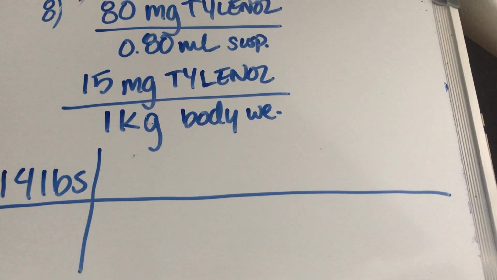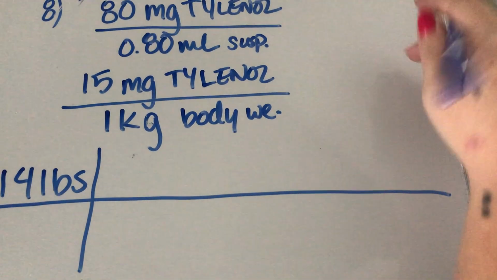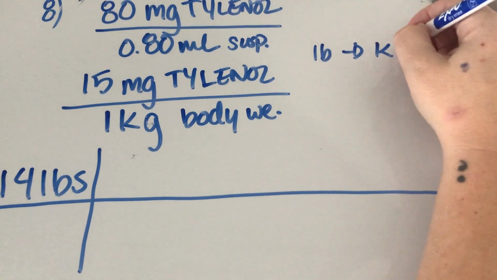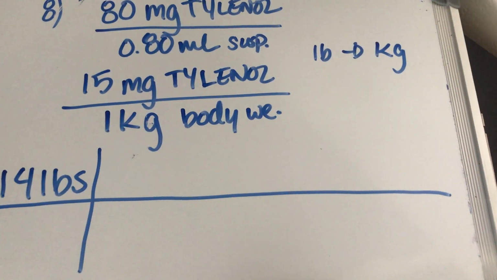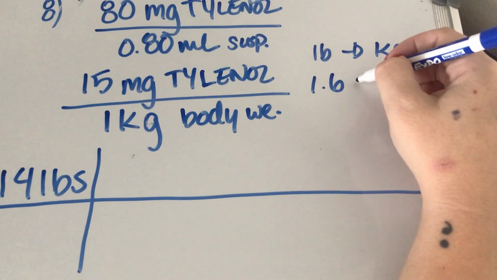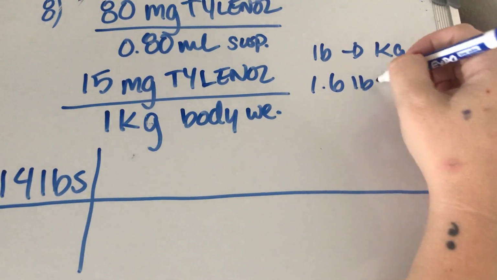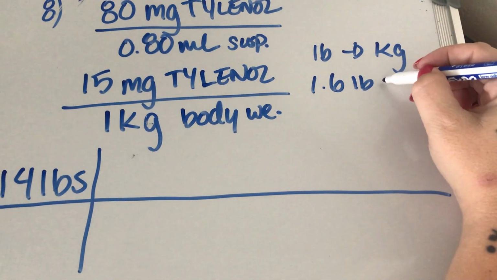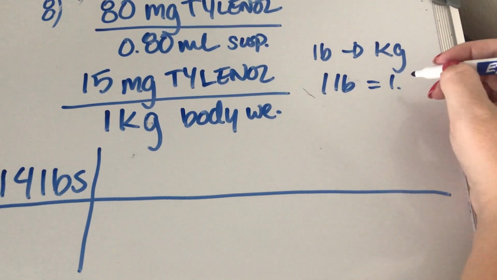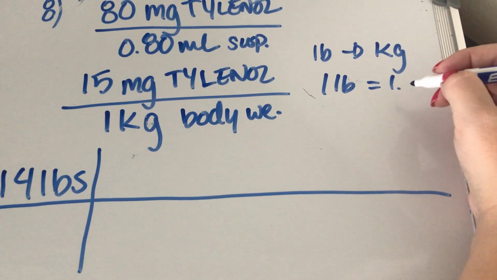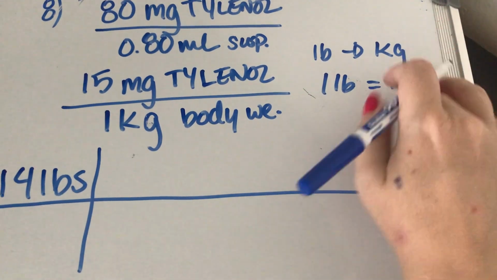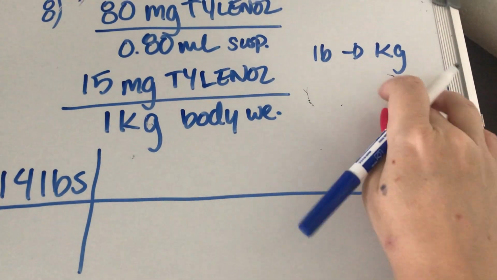So, now I can lay down my railroad tracks. I'm missing one factor, and that's getting me from lbs to kilograms. I believe it's 1.6 lbs. Other way around, sorry. I looked it up as 0.453592. 1 pound would be 0.45 kilograms.